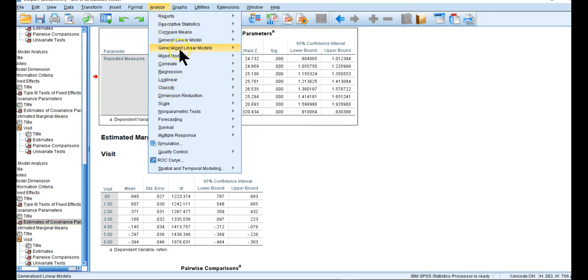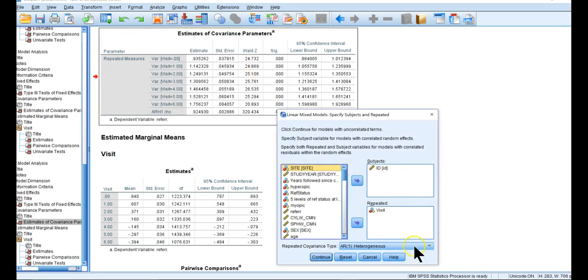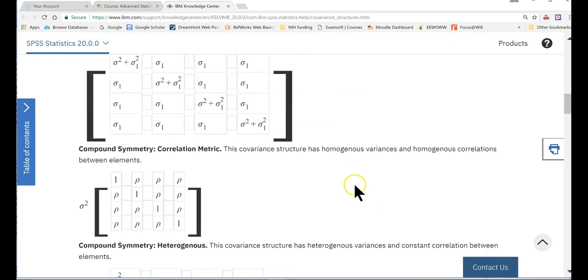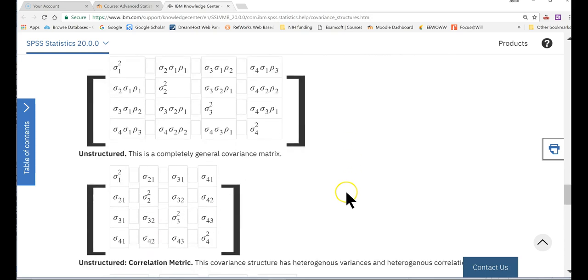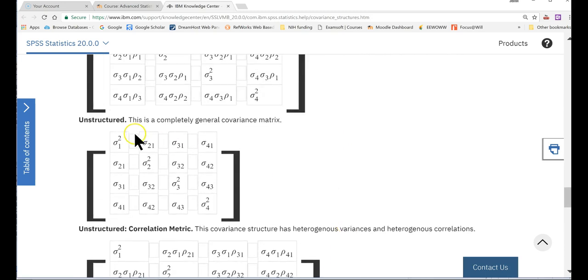Okay, one more. And let's look at it on here. Let's go to unstructured. Now, unstructured is basically saying everybody has its own thing. So there's a separate variance. The subscripts are different for the diagonal.